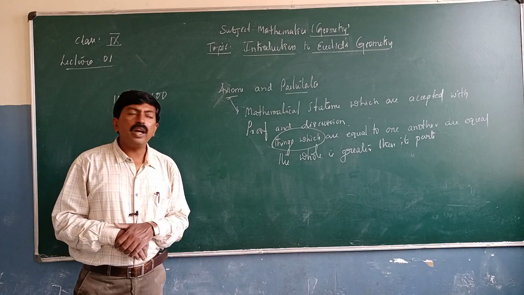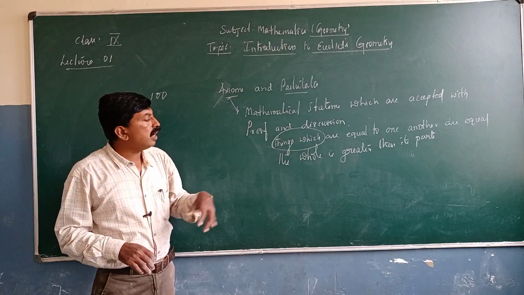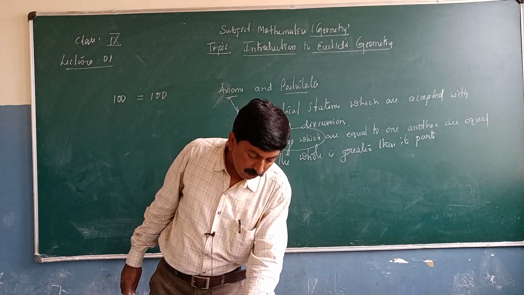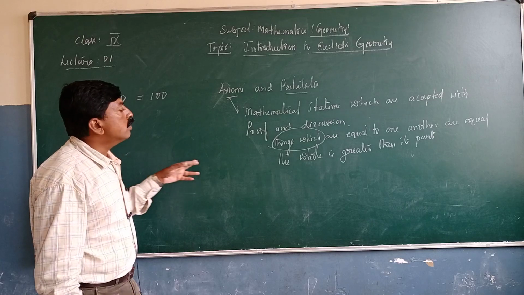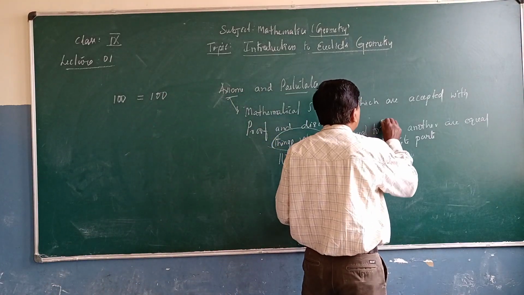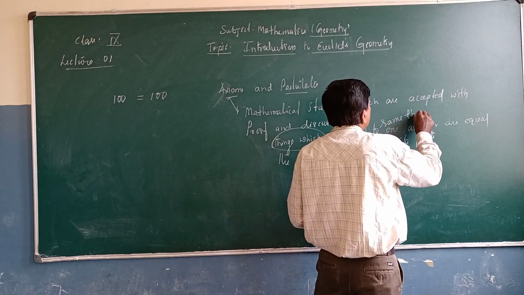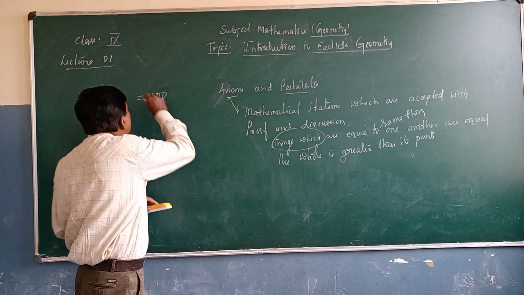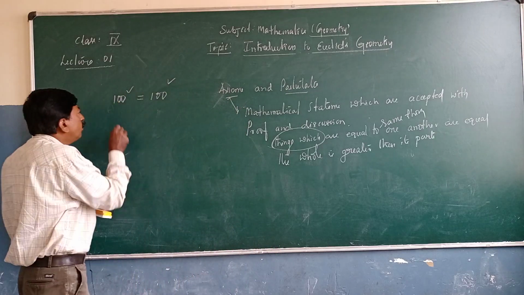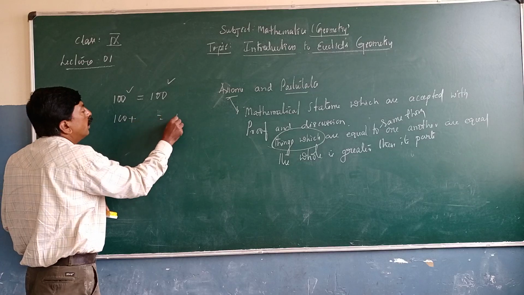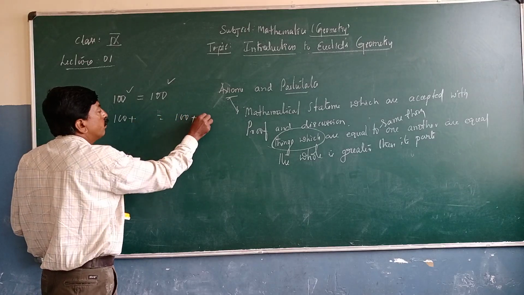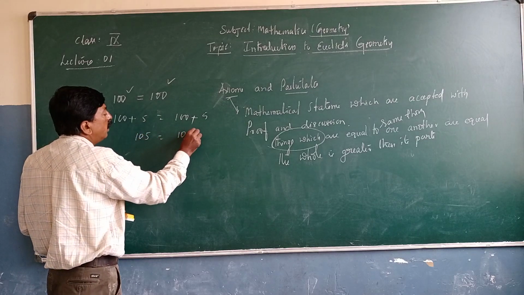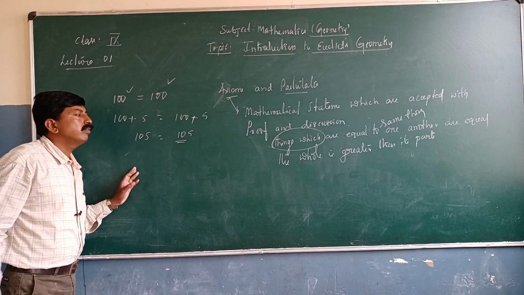If equal things are added, things which are equal to the same thing are equal to one another. 100 is equal to 100. For that we add the same quantity, say 5. Here also 5. You will get 105 here, and here also you will get 105. That is the meaning of this statement.